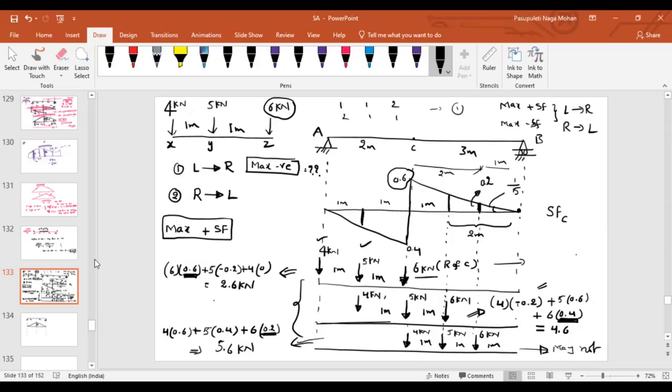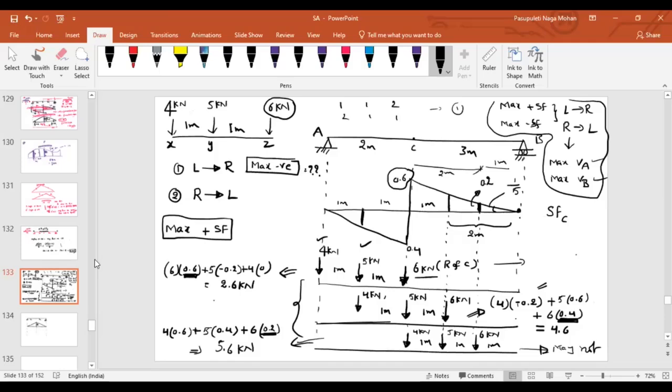At the same time, you have to find the maximum reaction at A, and the maximum reaction at B. Now you may ask me, as we haven't discussed reactions, how can we solve it? Just apply the same logic that you apply for the 3 different types of cases, and obviously you'll get it, by trial and error only. Whatever logic you are applying, the same logic will be applicable for the reaction forces also.